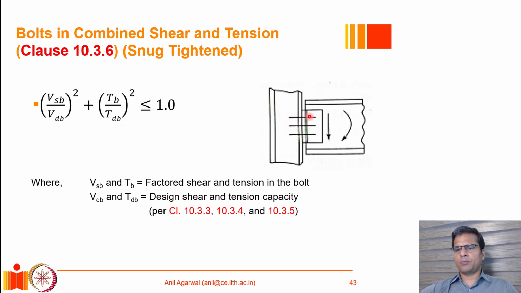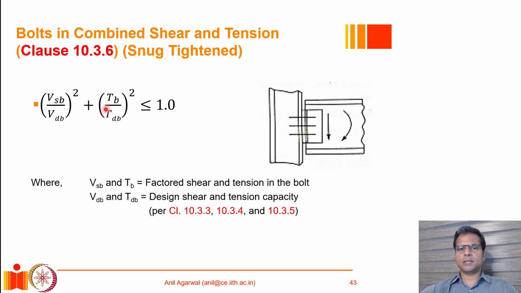Anyway, for such bolts which are subjected to a combination of shear and tension force demand, there is an interaction curve. This interaction curve basically has an elliptical shape, which is given by this equation. Essentially, this expression tells us that we will calculate the factored shear force demand, which is given by V sub sB, and the shear capacity, which is given by V sub dB. Likewise, we calculate the tension force demand and tension capacity individually.